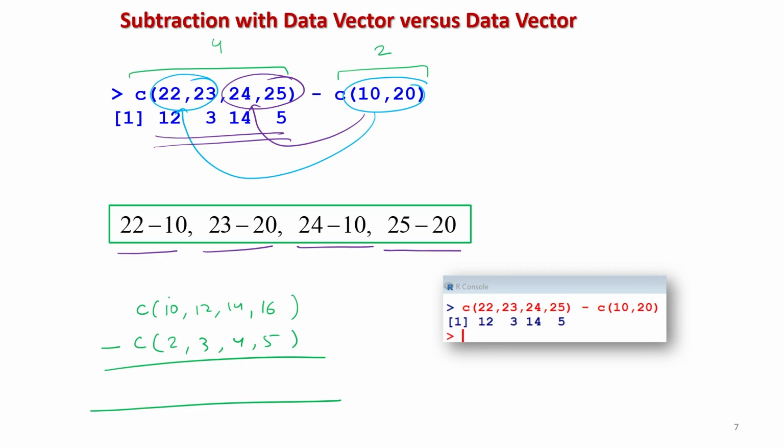For example, 10 minus 2 will be 8, 12 minus 3, 14 minus 4 and 16 minus 5, right. The rule is once again the same: all the numbers at the respective positions are given the same operation.